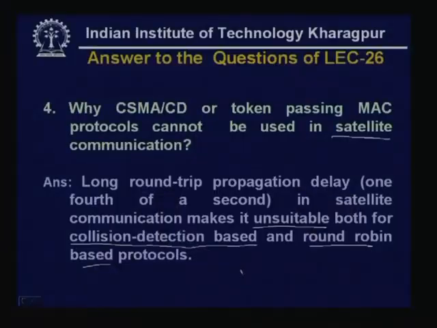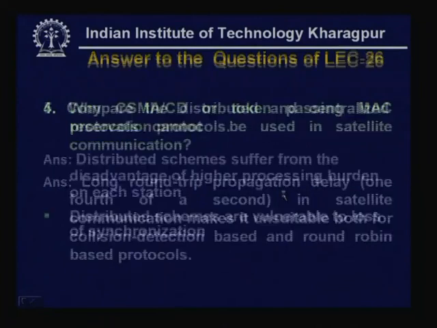In other words, the value of a, which is the ratio of the propagation time to transmission time, is very high. As a result, the CSMA/CD based protocol is not suitable. Similarly, round robin based protocols are also not suitable because it takes very long to do polling or to pass the token. As a result, these protocols cannot be used here.